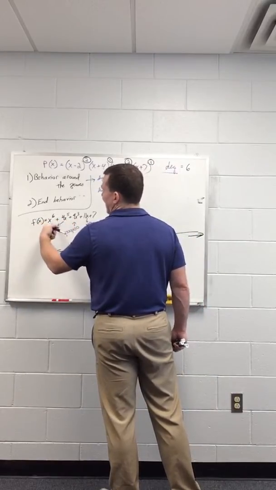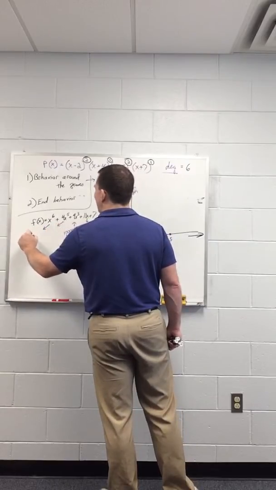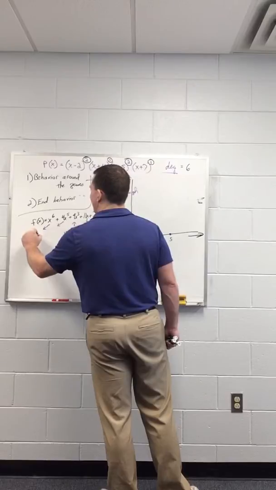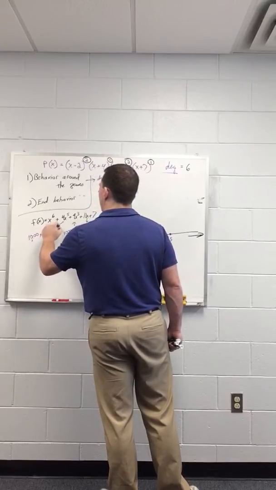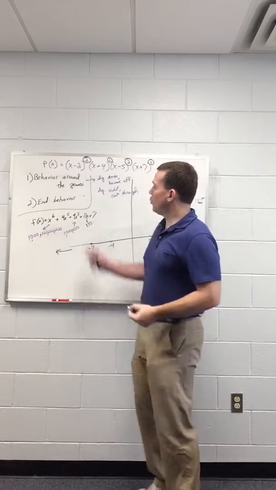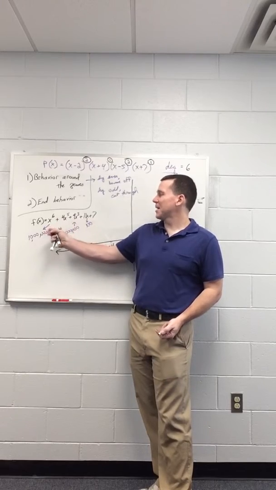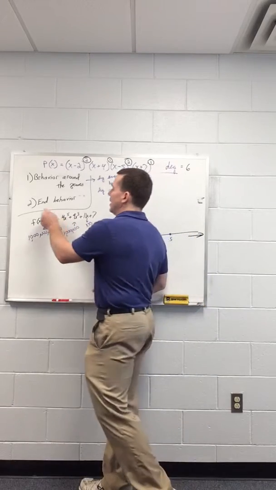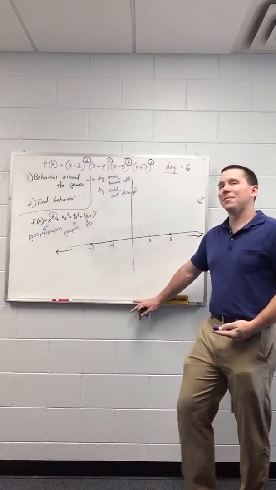I'm not even going to write that out. 100 to the 6th is 1 followed by 12 zeros. And again, the point is, no matter how big these terms get, as x gets bigger, the first power right here is going to dominate the overall value of the function.